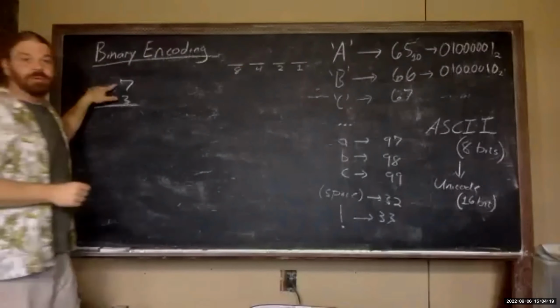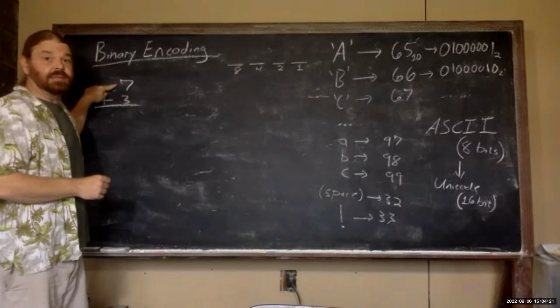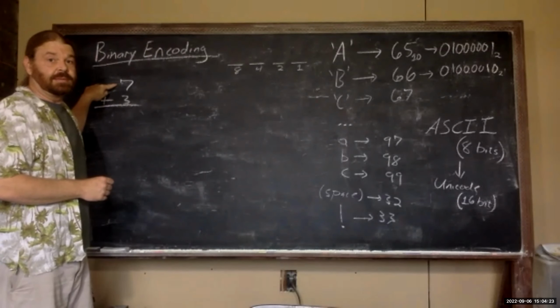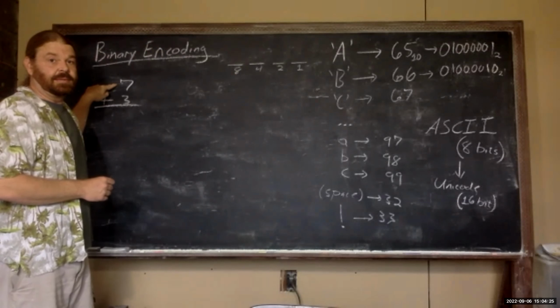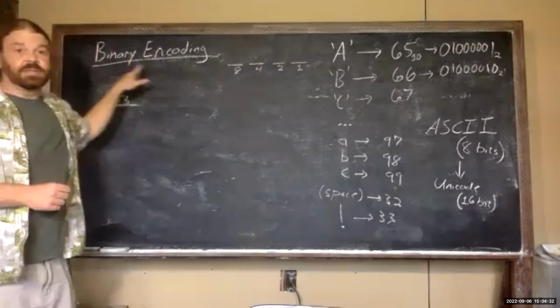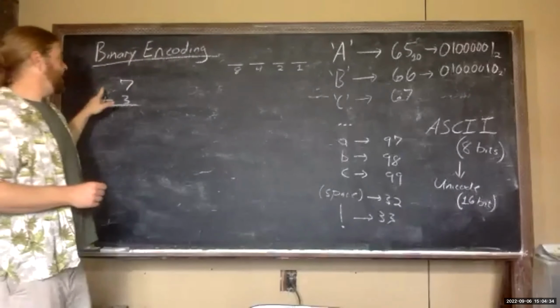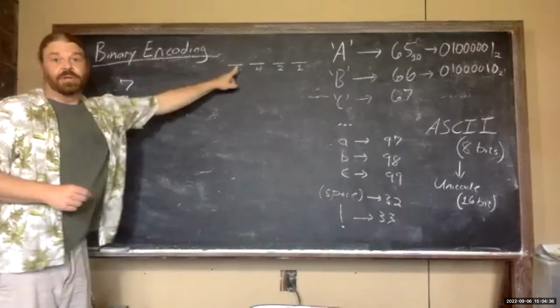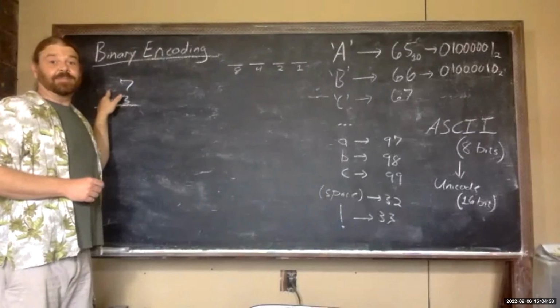Somebody want to tell me real quick what 7 is in binary? We have these 4 columns, and we're just asking yes or no. Do we have any 8s in this?